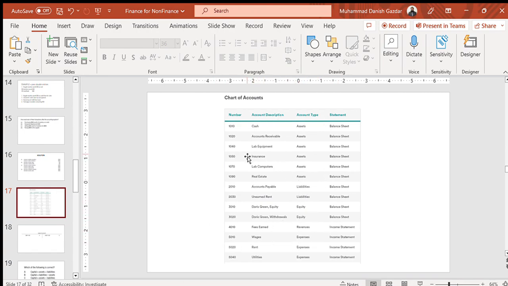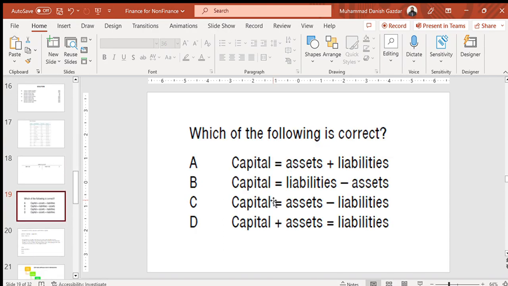Whenever you're starting a business and developing your chart of accounts, the first thing you need to do in your accounting software is to develop a chart of accounts aligned to your type of business. So this was the basic concept.